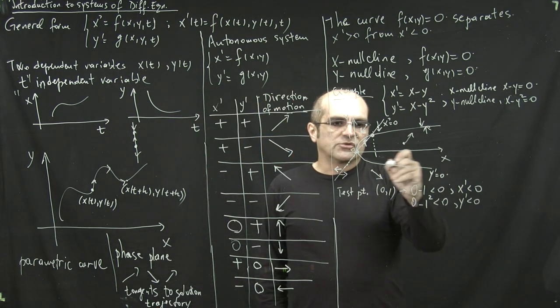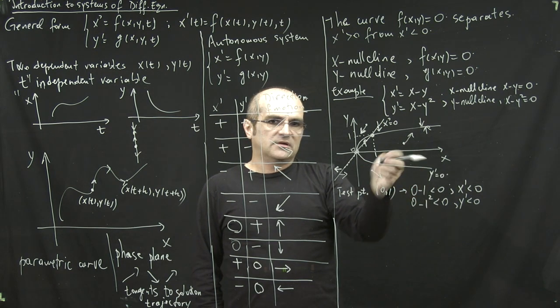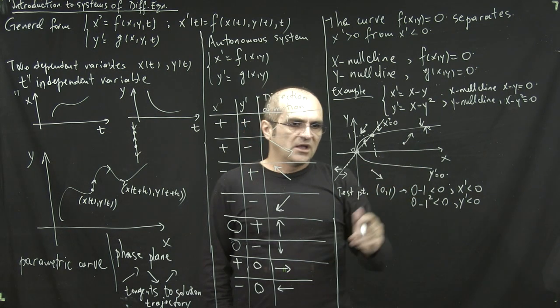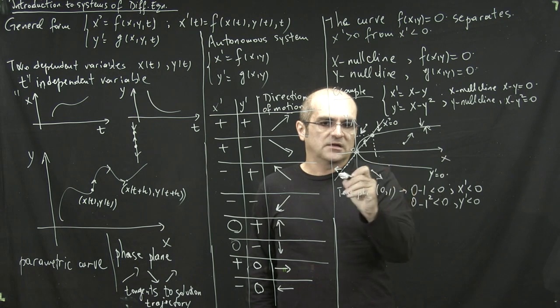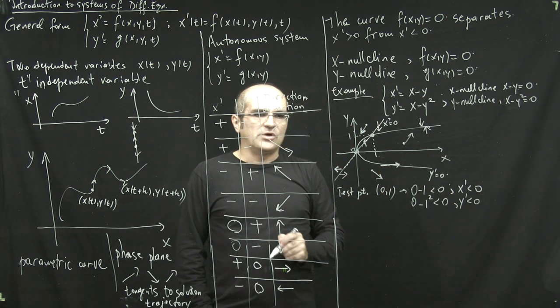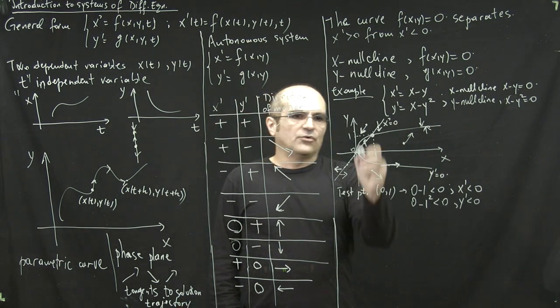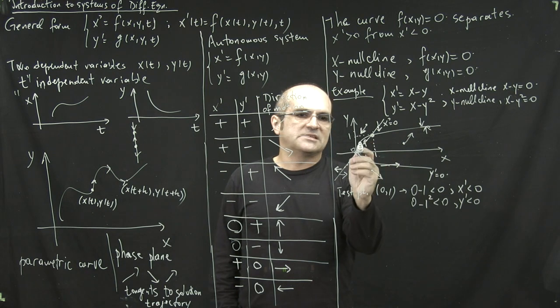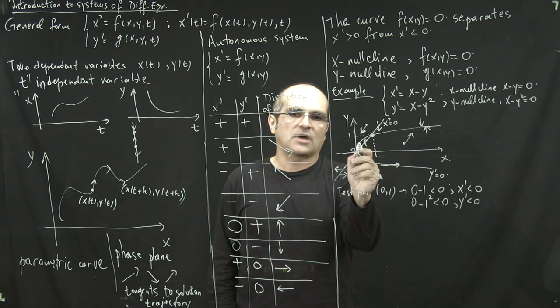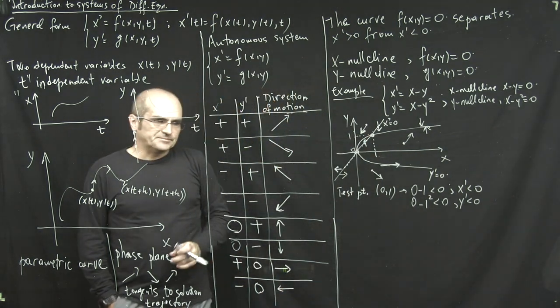On the parabola, arrows will be horizontal because y prime is 0 on that parabola. So for example, if you are right here, because you're below the line, the arrow will be perfectly horizontal, pointing to the right hand side. And if you're here, I don't want to make a mess, but the arrow will be horizontal, pointing to the left, if you pick a point right here, which is above that line.